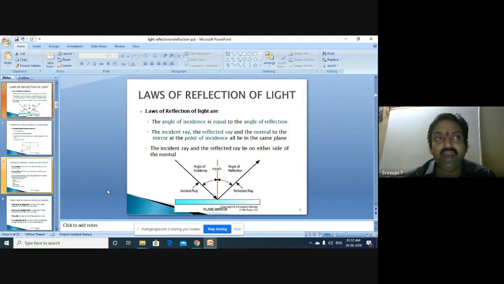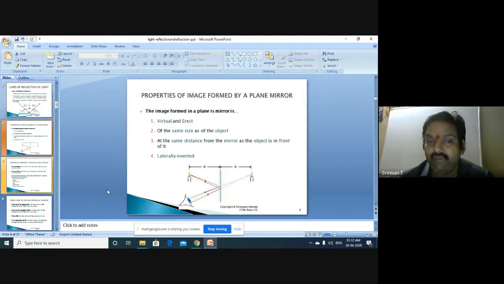That is the second law of reflection. Anyway, we cannot take it as a law, but the incident ray and the reflected ray lie on either side of the normal. So basically there are only two laws: the angle of incidence is equal to the angle of reflection, mathematically angle i equals angle r, and the incident ray, reflected ray, and normal lying in the same plane is the second law of reflection.